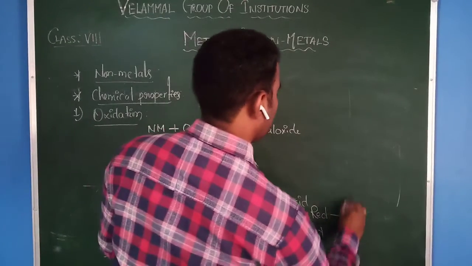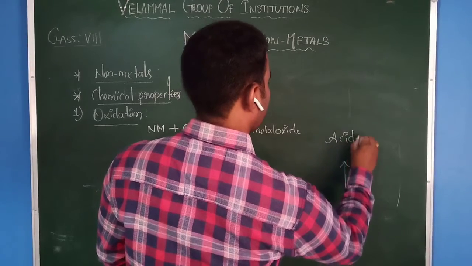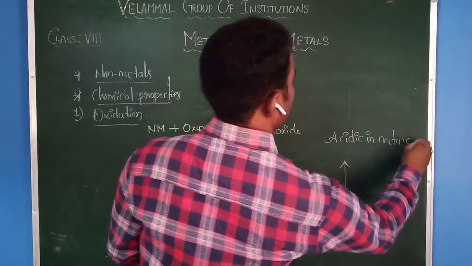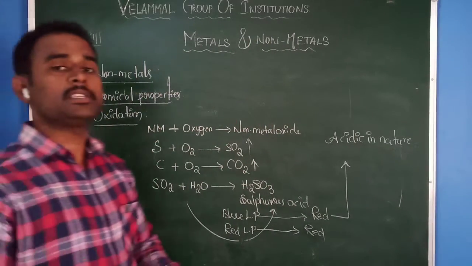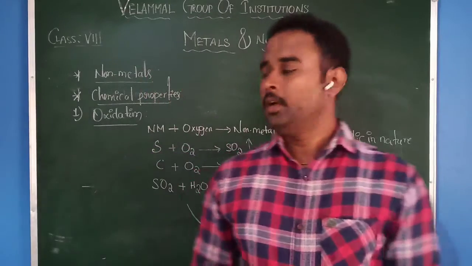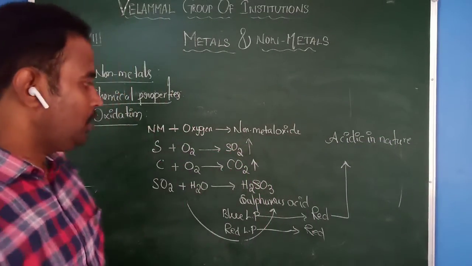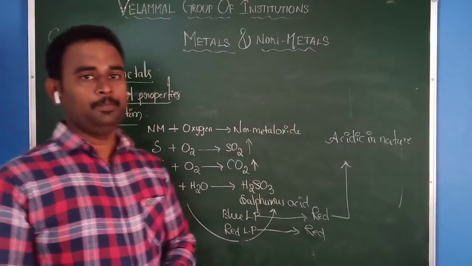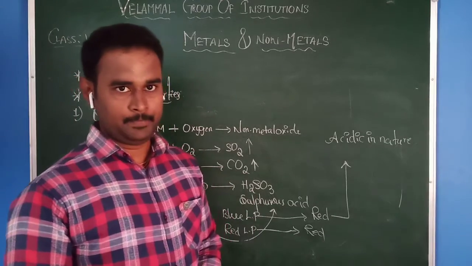Therefore, we can conclude that non-metal oxides are acidic in nature. Then metal oxides are basic in nature and non-metal oxides are acidic in nature. Therefore, non-metal oxides act as an acid. Metal oxides act as a base.